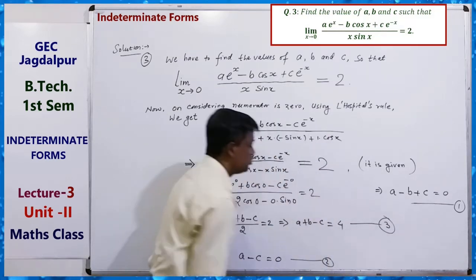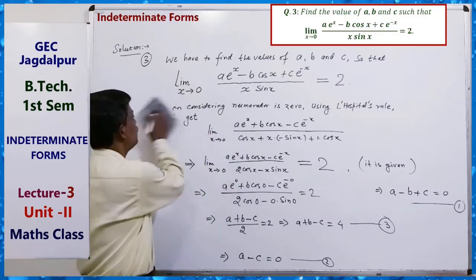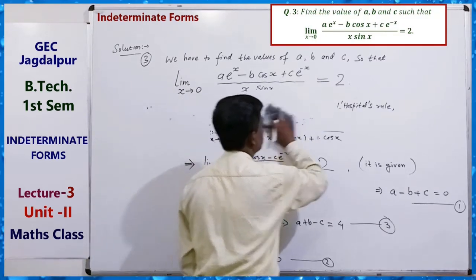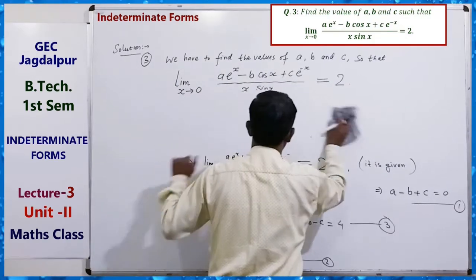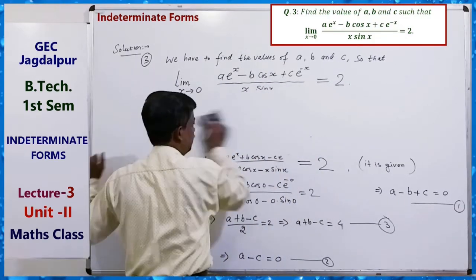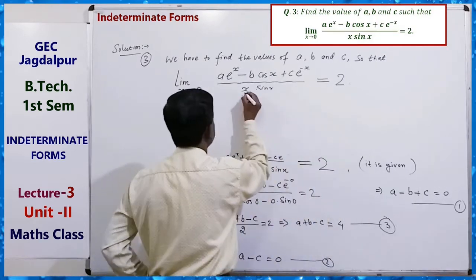Now using 1, 2 and 3 we can get the value of a, b, c. Okay. So just solve it and find the value of a, b, c.